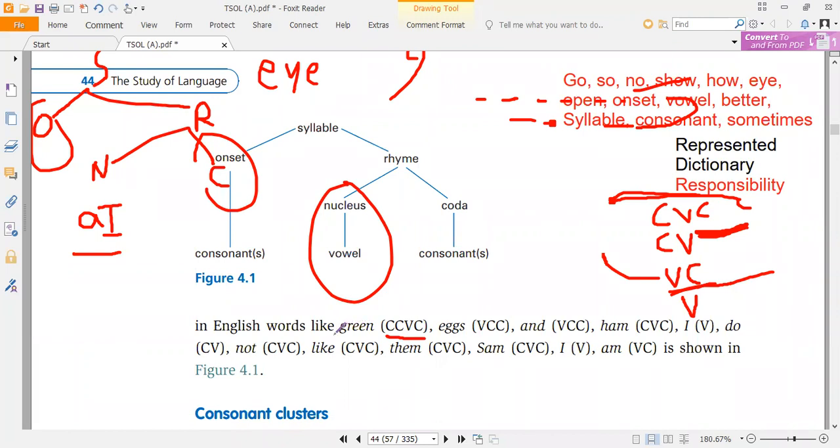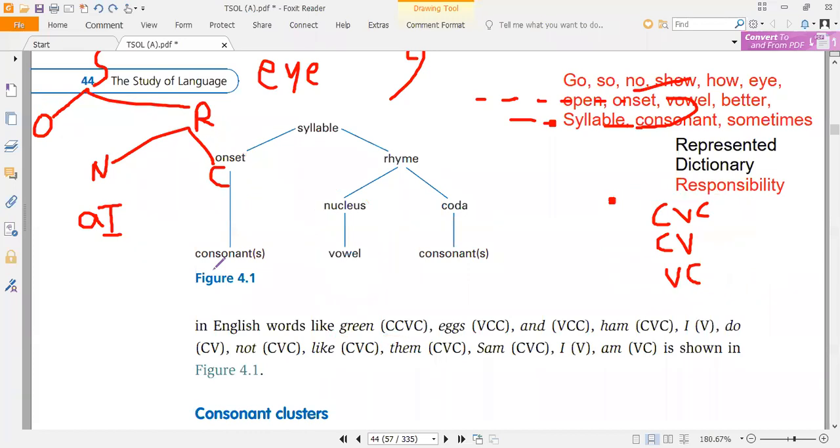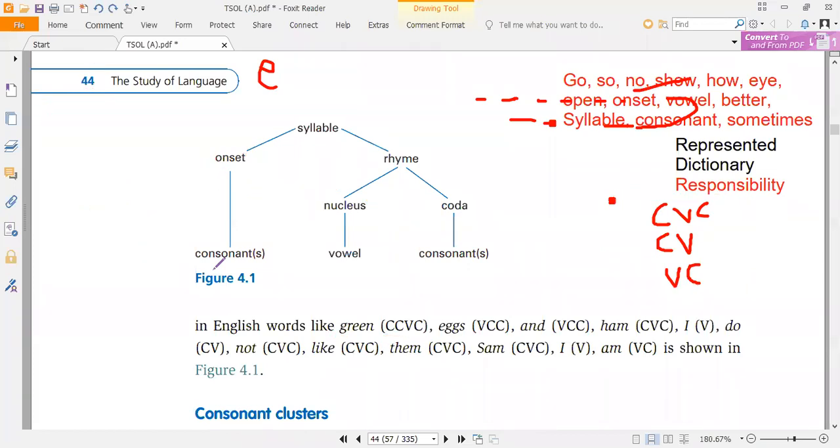Look at the word green, G, R, E, N. We have G as well as R, then vowel E, and here we have N. So this structure is CCVC, consonant, consonant, vowel, and consonant.